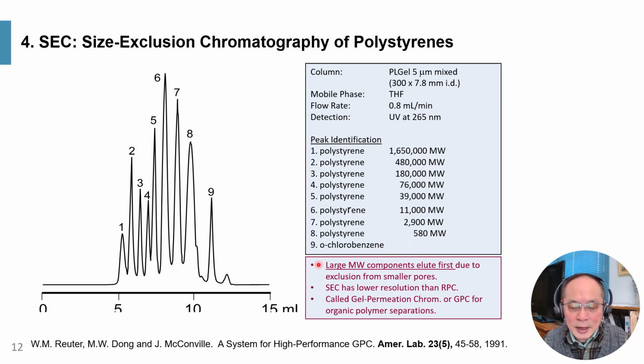And number 9, o-chlorobenzene, is the diluent. So in size exclusion, the large molecular weight component eluted first due to exclusion from smaller pores. Size exclusion has lower resolution than reverse phase. It is called GPC, or gel permeation chromatography, for the use of organic polymer separations.